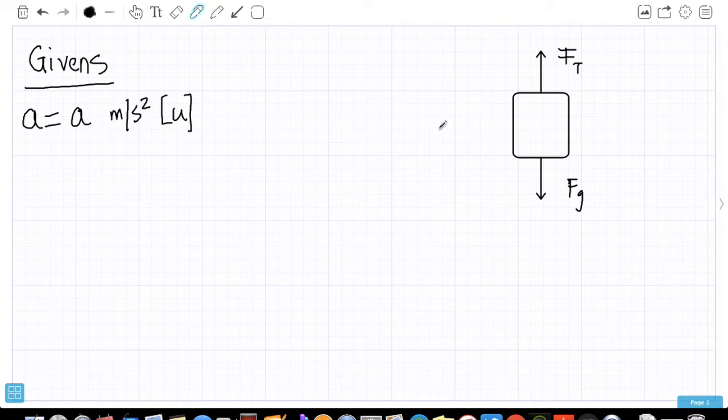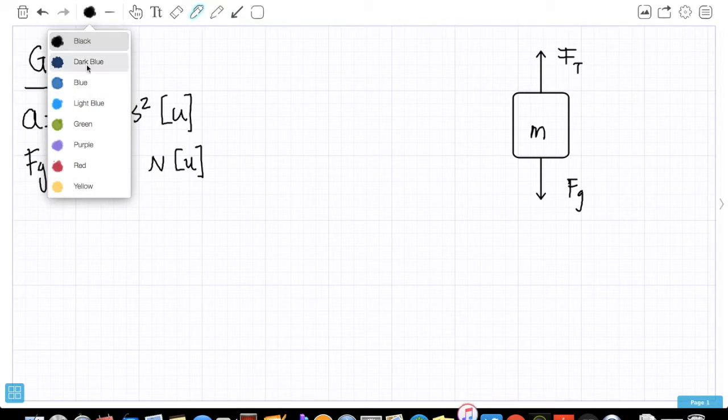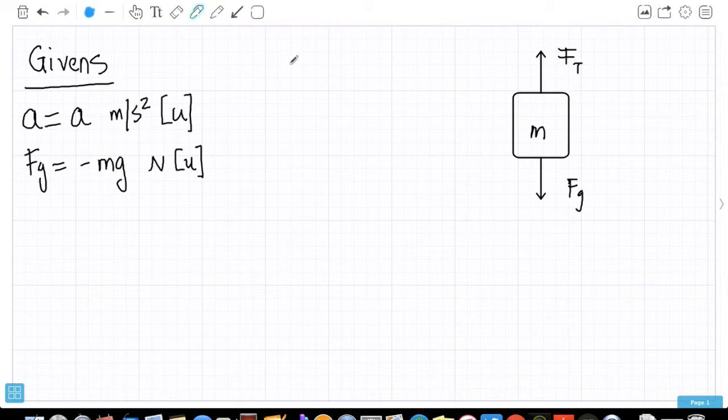We know that the elevator has mass m, and therefore the force of gravity is equal to negative mg newtons up, which is the same as mg newtons down. And with all force questions, we should write an Fnet statement.